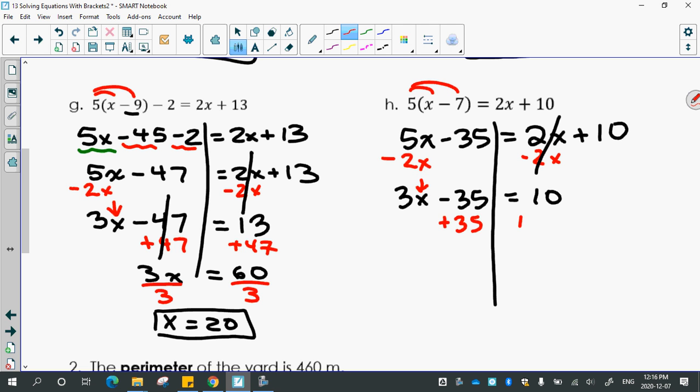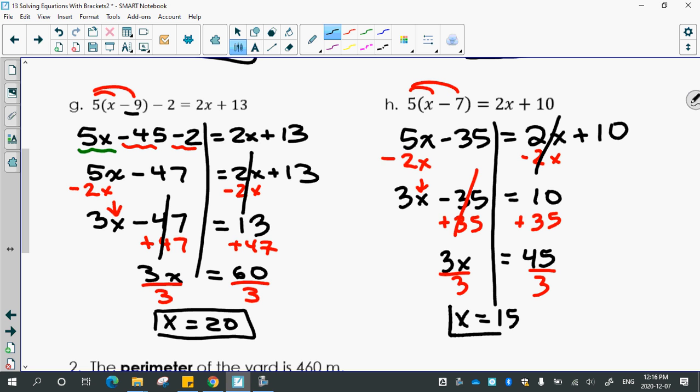Add 35. Divide by 3. And we get x equal to 15. That's your classic solve equation with brackets question for grade 9.